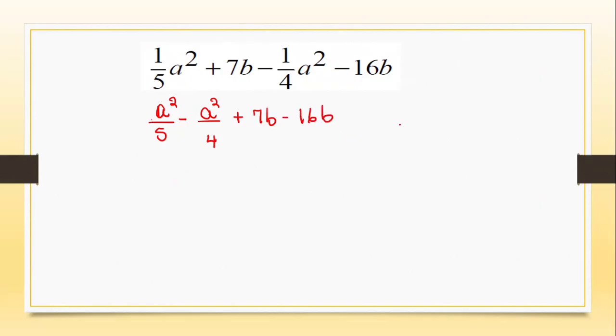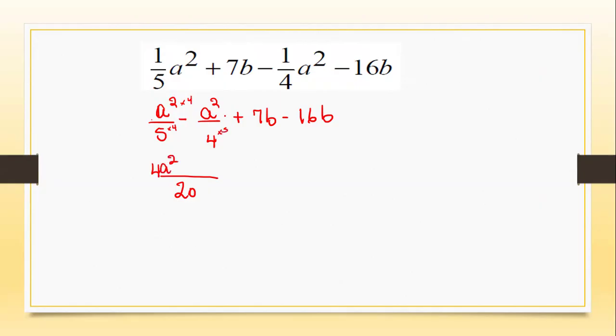If we had an equal sign, we would have been able to cancel out our denominators, but we cannot do that. But we want to find the LCD of 5 and 4, which is 20. And we're going to write an equivalent fraction. So this is now 20. I multiply this by 4, giving me 4a squared.